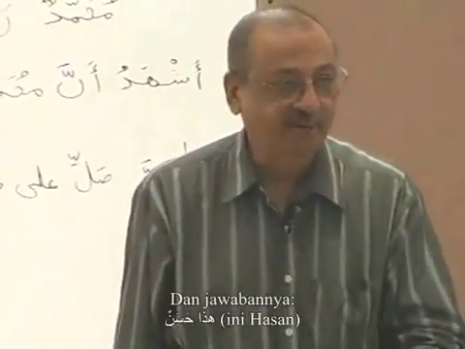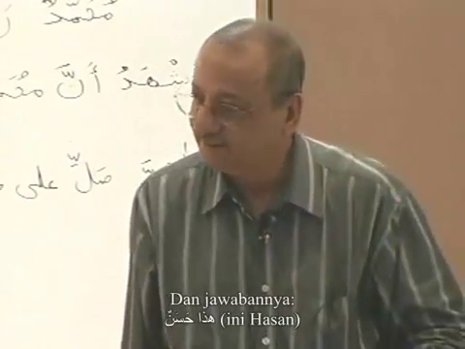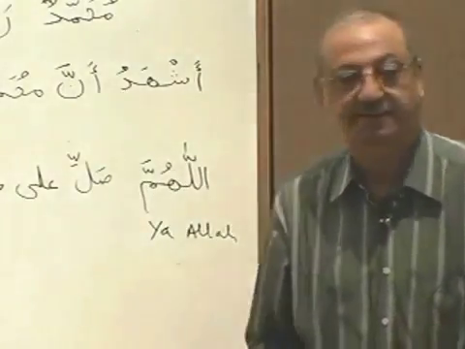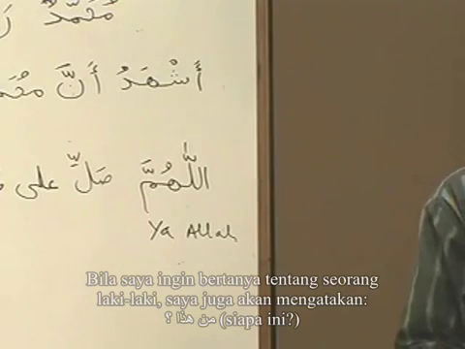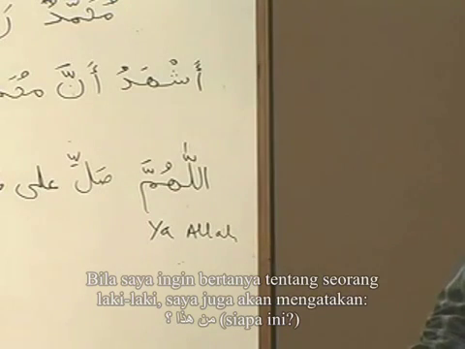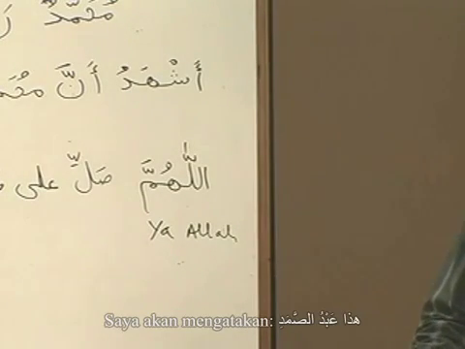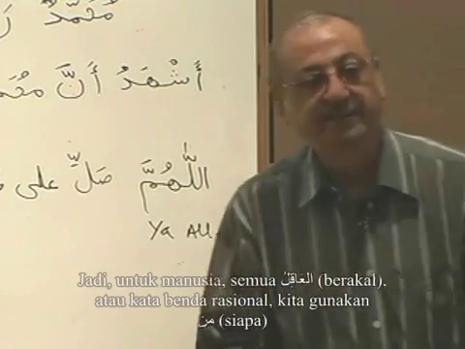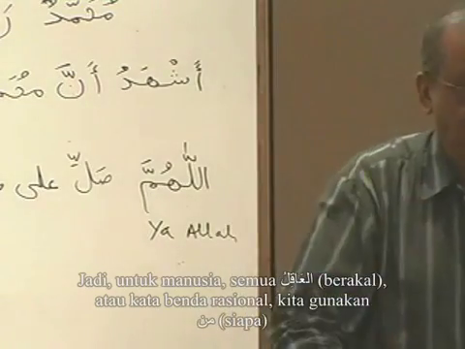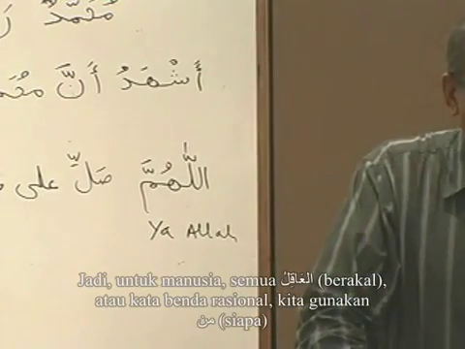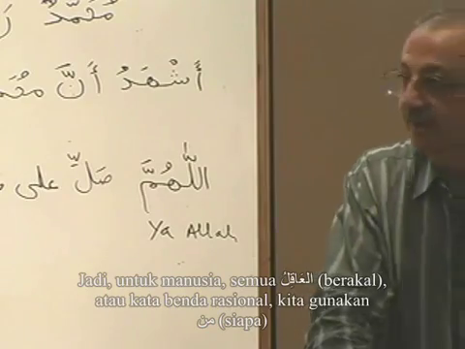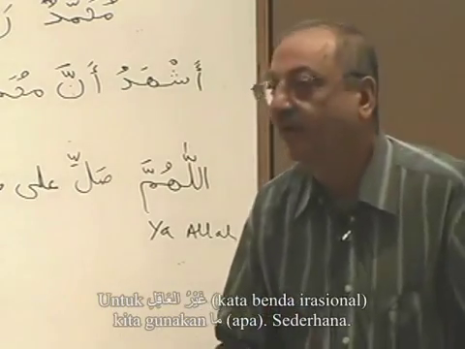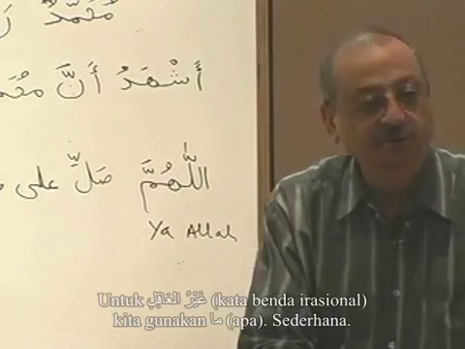Then the answer will be, hadha Hasanun. And then if I point out to the third gentleman, again I will say, man hadha. I will say, hadha Abdus Samad. Are you with me, brothers and sisters? So, for human beings, anything aql or rational nouns, we use man. For ghair aql or irrational nouns, we use ma.